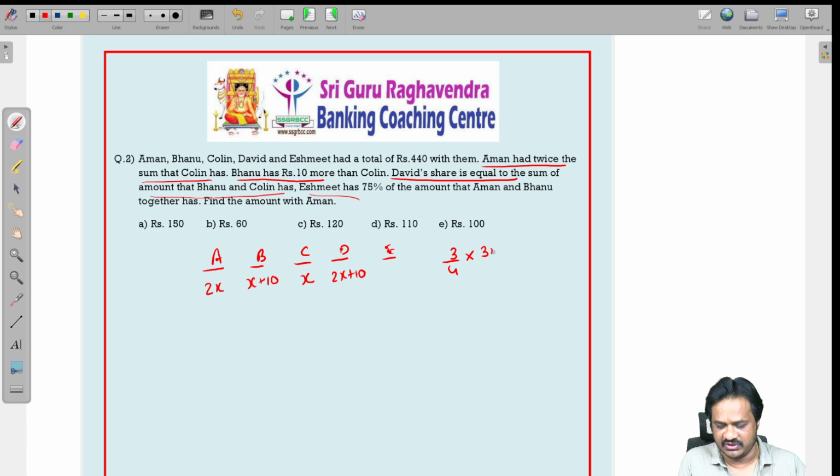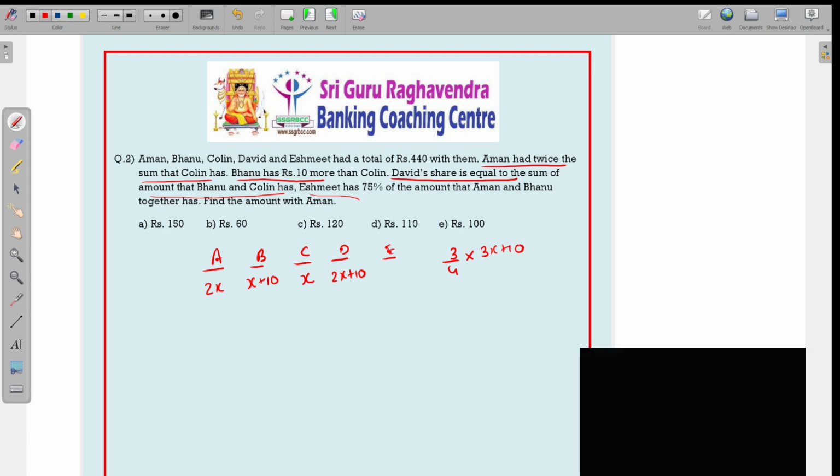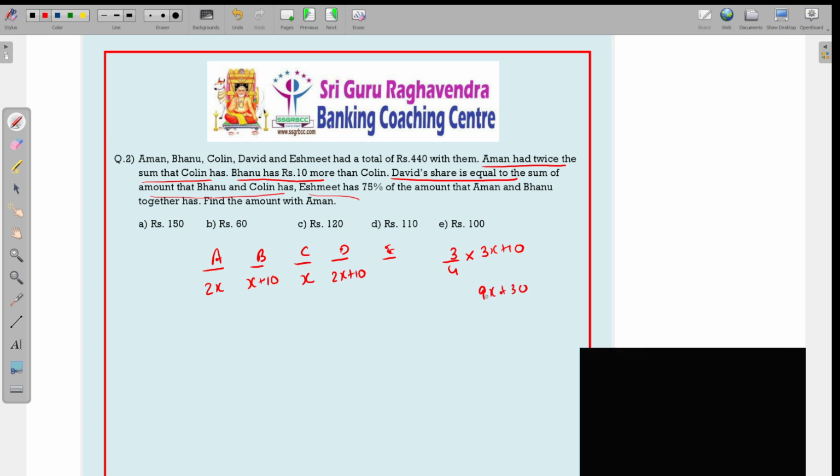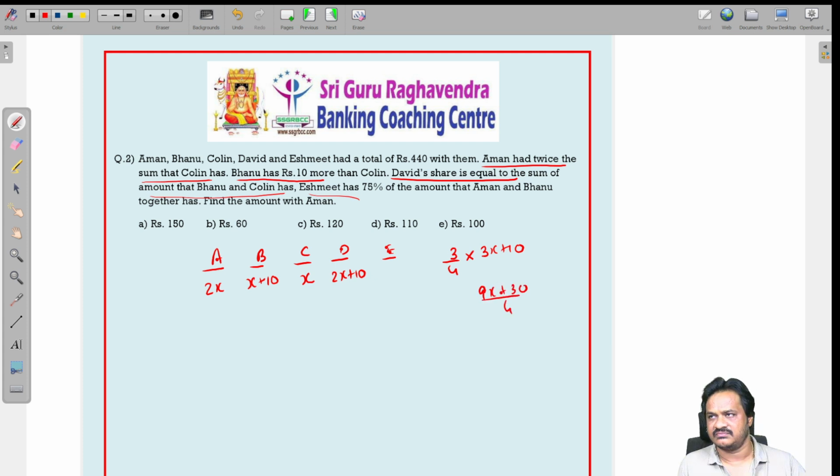So, total it will be 3x plus 10, and 3 by 4 of that is 9x plus 30 divided by 4. Now, these are the 5 persons.